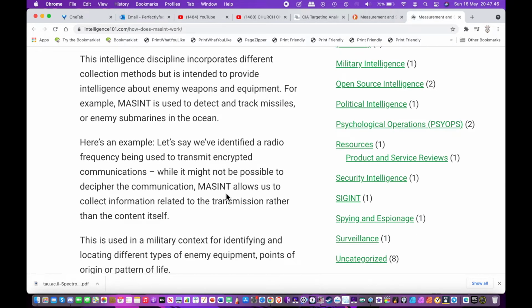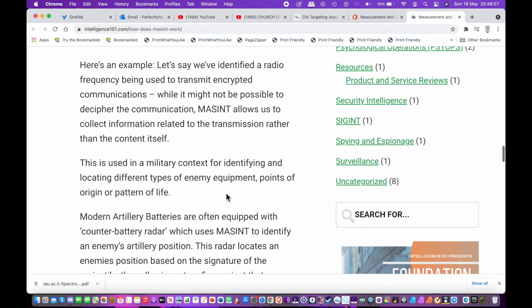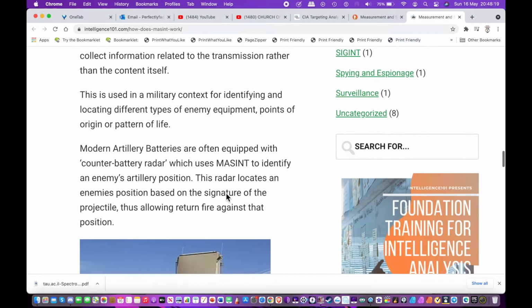Here's an example. Let's say we've identified a radio frequency being used to transmit encrypted communication. While it might not be possible to decipher the communication, MASINT allows us to collect information related to the transmission rather than the content itself. This is used in a military context for identifying and locating different types of enemy equipment, points of origin or pattern of life.